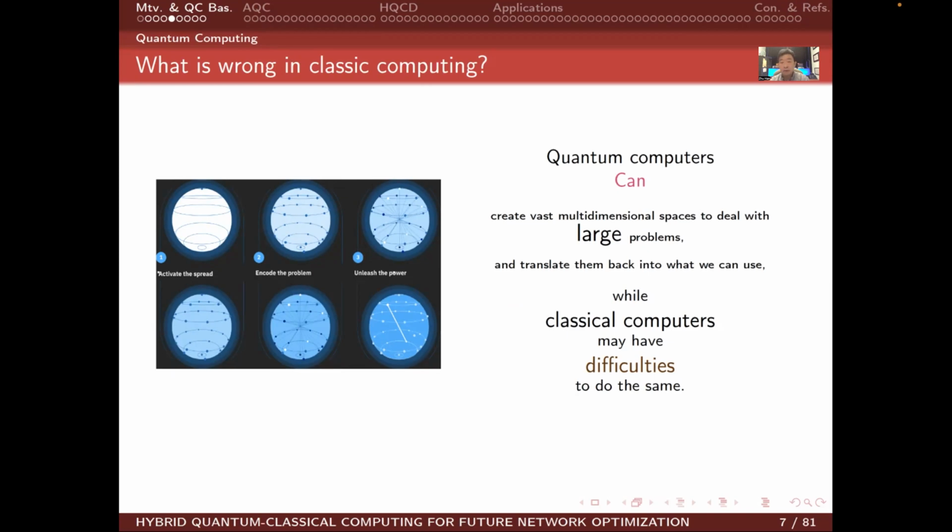The quantum computer also has limitations. For example, the number of qubits currently cannot be that large. So, from my understanding, quantum computing and classical computers will coexist and work together in the near future.